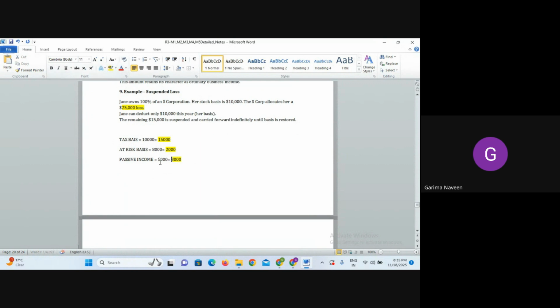So you can only deduct up to $5,000 of losses on your individual tax return. The rest will be carried forward, which is 15 plus 2 plus 3. It will give you $20,000. This $20,000 will be carried forward.